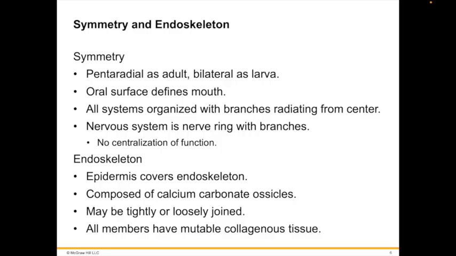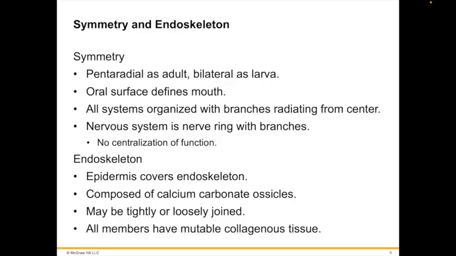Echinoderms have a delicate epidermis that stretches over an endoskeleton composed of calcium carbonate plates called ossicles. In echinoderms such as asteroids, sea stars, the individual skeletal elements are loosely joined to one another. In others, especially echinoids, the sea urchins and sand dollars, the ossicles abut one another tightly, forming a rigid shell called a test.